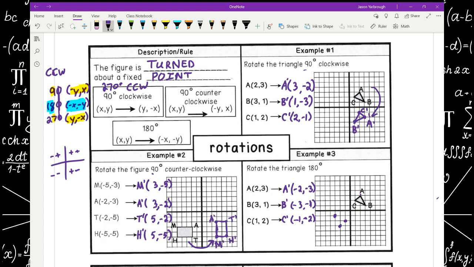Connect those dots, and there's our figure. Now, not all figures are going to be in the same quadrant to begin with, so you might have to look at each individual point to figure out which quadrant it actually ends up in. So let's look at some examples, and we probably will get one of these in here that does that for you.